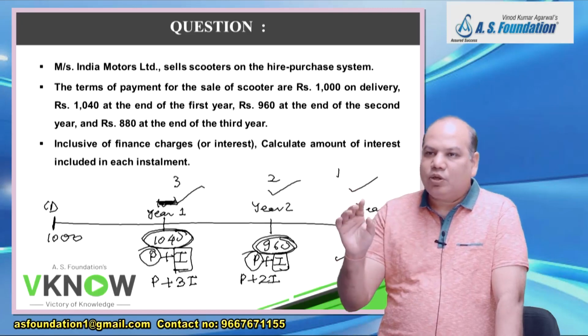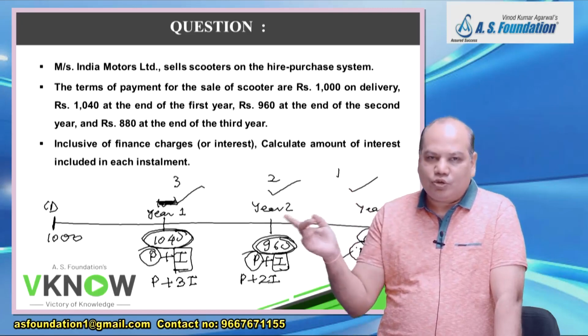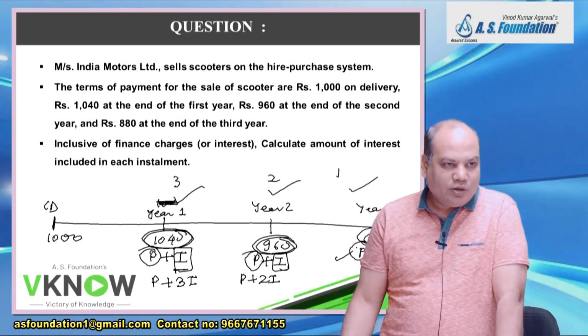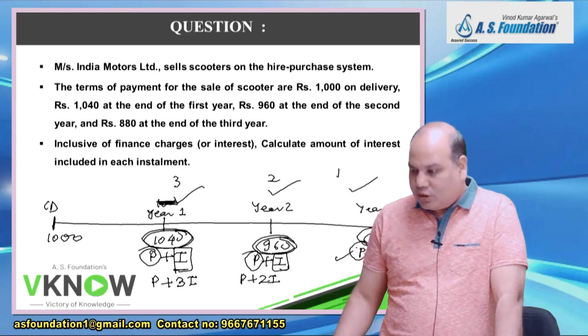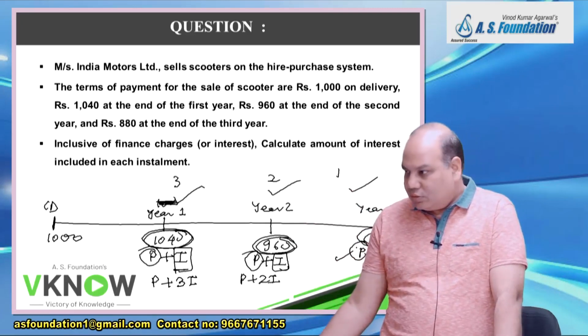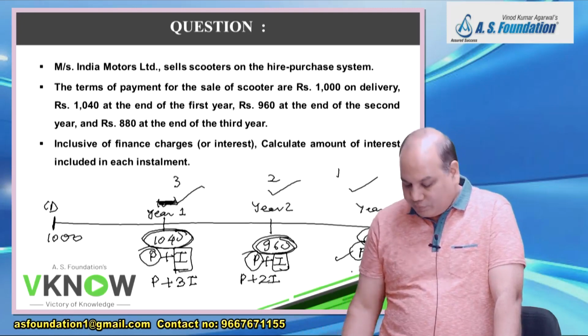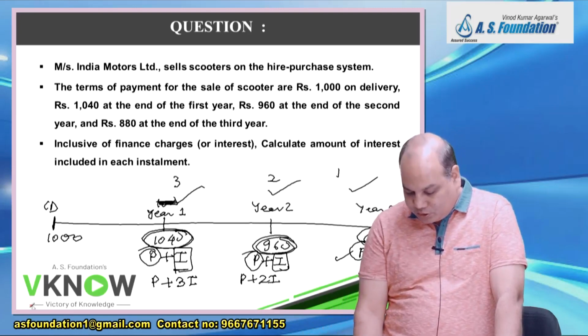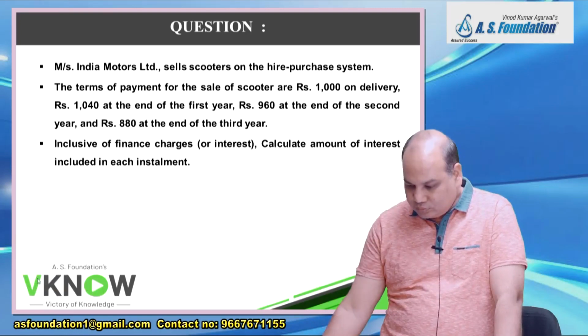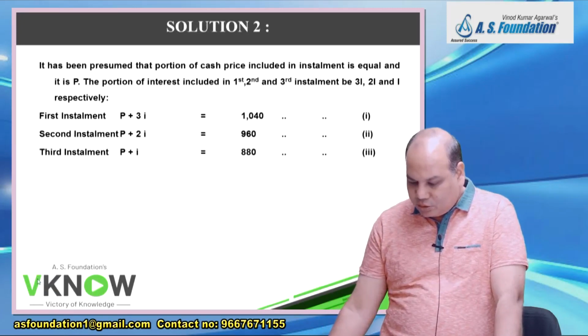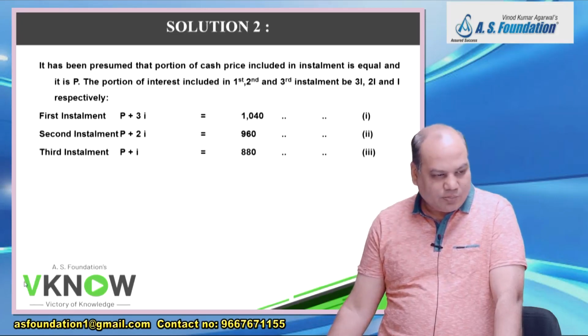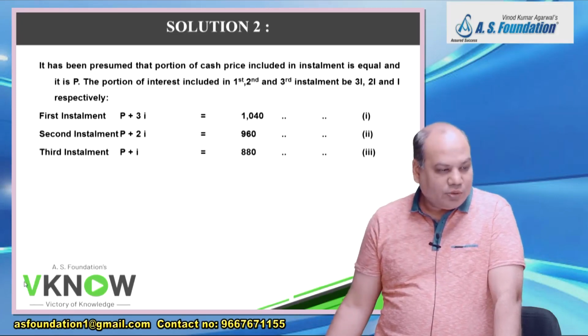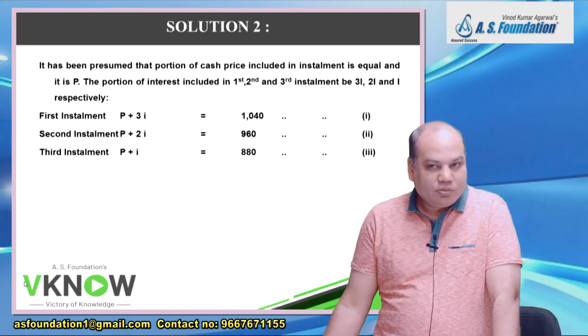If there are 4 installments, you will write in the ratio 4:3:2:1. If there are 5 installments, you will write 5:4:3:2:1. Now next line, write down. Now we are going to solve. Let the principal amount included in each installment be capital P.